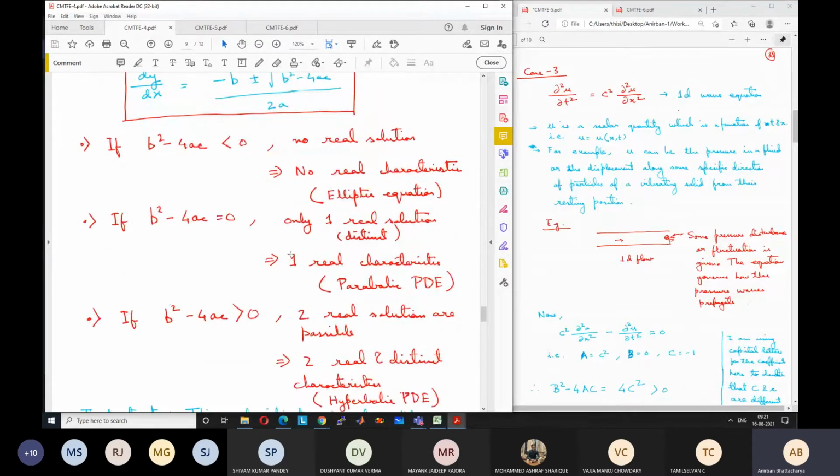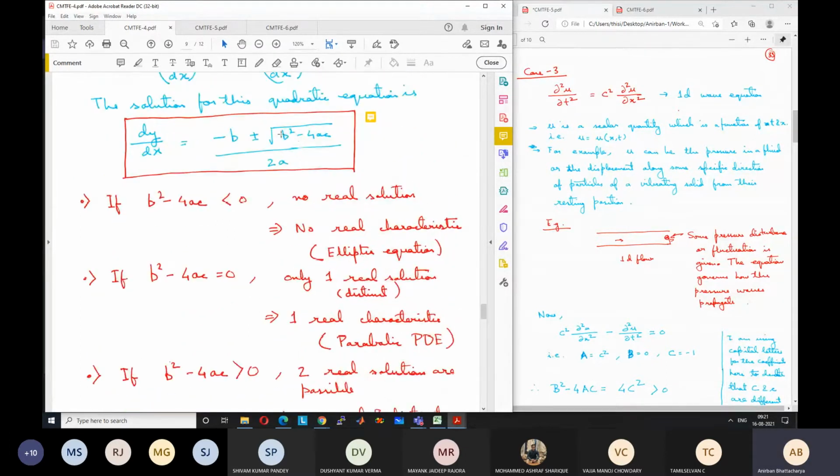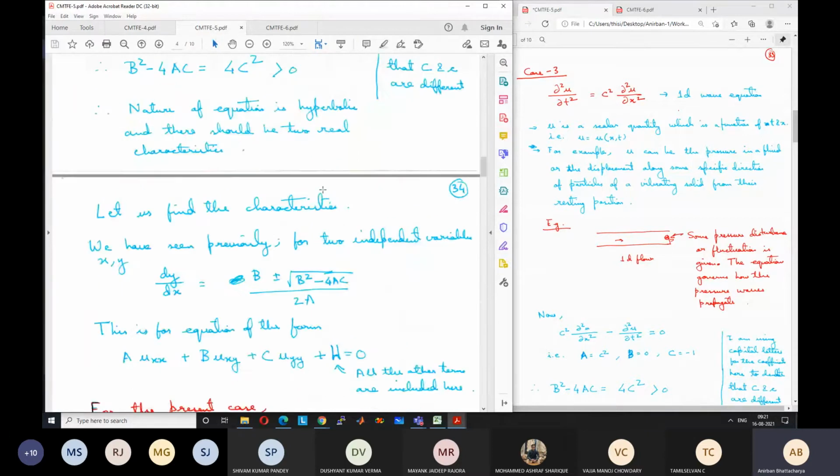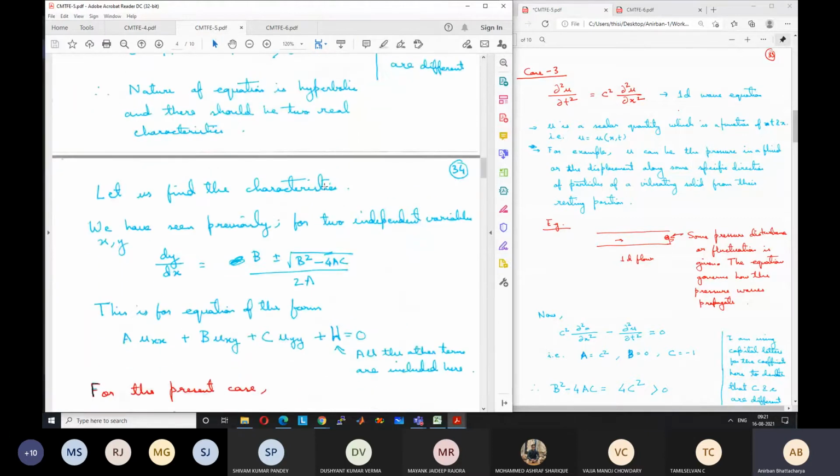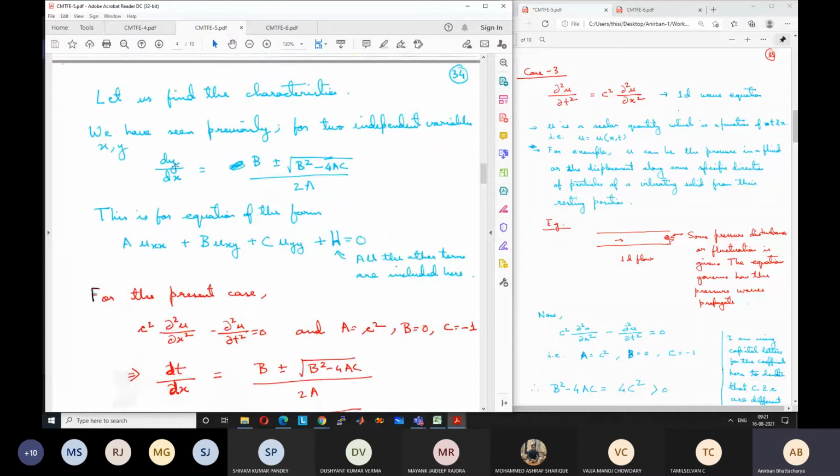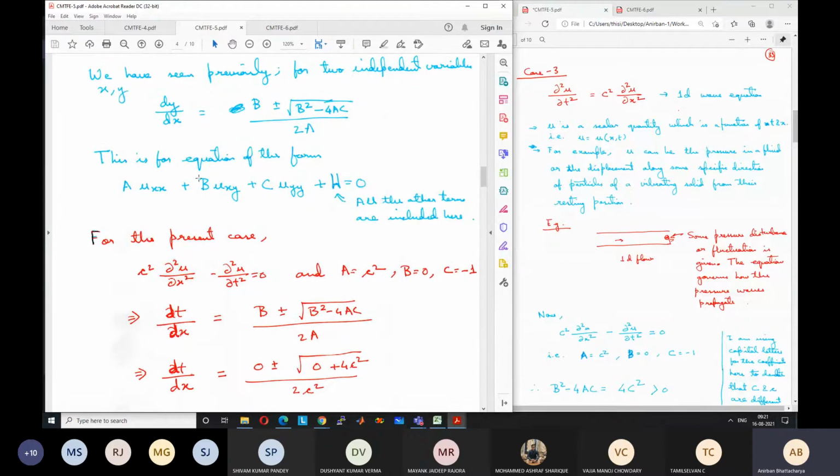So let us try to take a look at what the real solutions are. dy dx is equal to minus b plus minus root over b square minus 4ac by 2a. Again, just as a reminder, this is valid for this form of equation: a u_xx plus b u_xy plus c u_yy plus all the other terms, which are together written as h, is equal to 0.